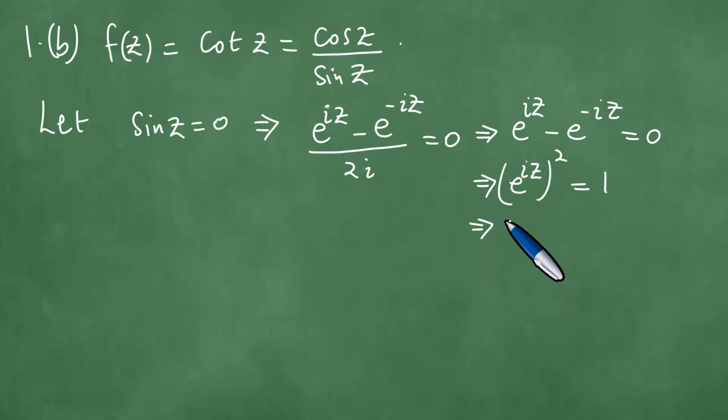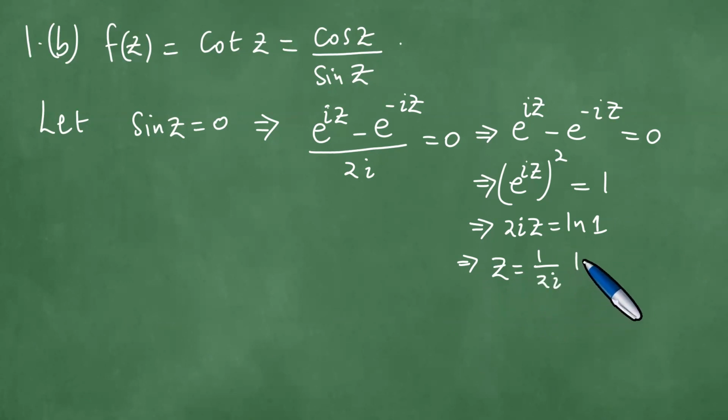And this is the same as 2iz equals the natural log of 1. So in other words, we can solve for z here, and you have 1 divided by 2i.